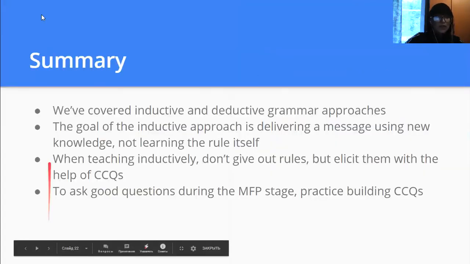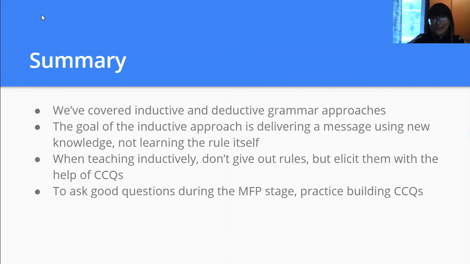So as you've just noticed, we covered two main approaches, inductive and deductive grammar approaches. The goal of the inductive grammar approach is delivering a message using new knowledge, not learning the rule itself. We're talking about meaning rather than form. When teaching inductively, don't give out rules, but elicit them using guided discovery, using the inductive method with the help of different CCQs.